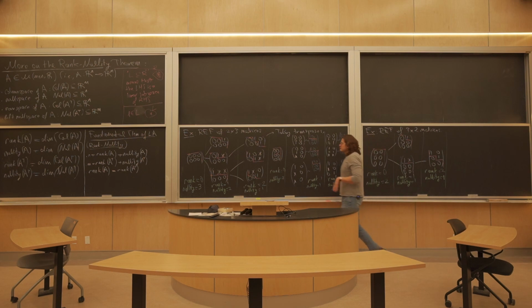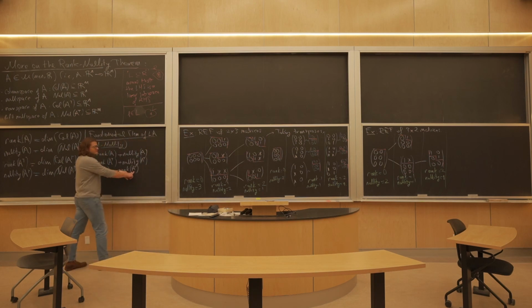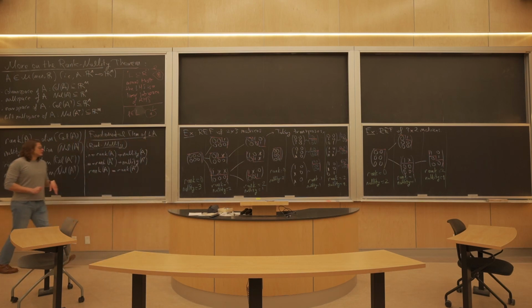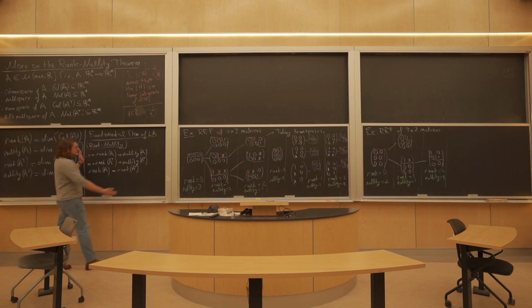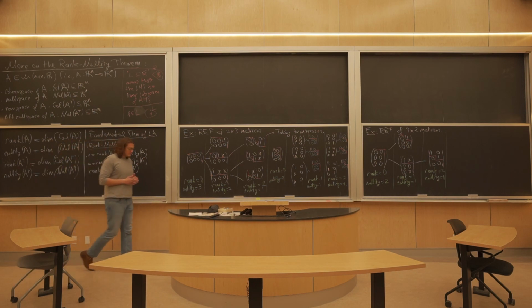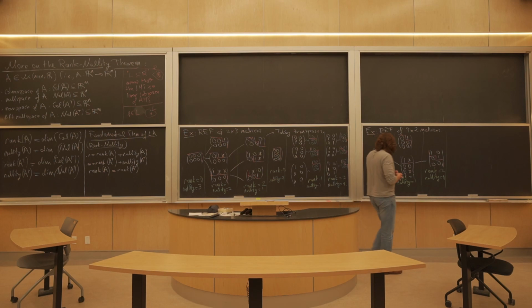So that's a heuristic as to why it should be the case that the rank of a matrix is the same thing as the rank of its transpose. Okay? So keep these three in mind. It's very useful, I think, to be able to count the dimensions of certain things before even computing things.